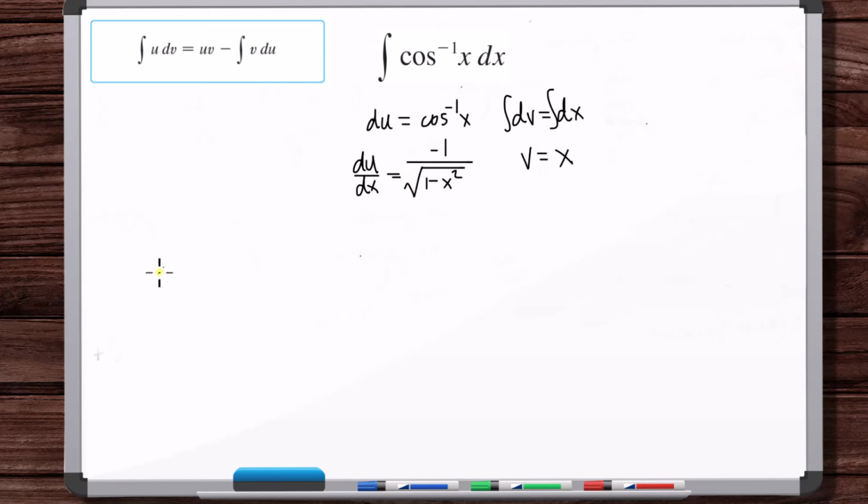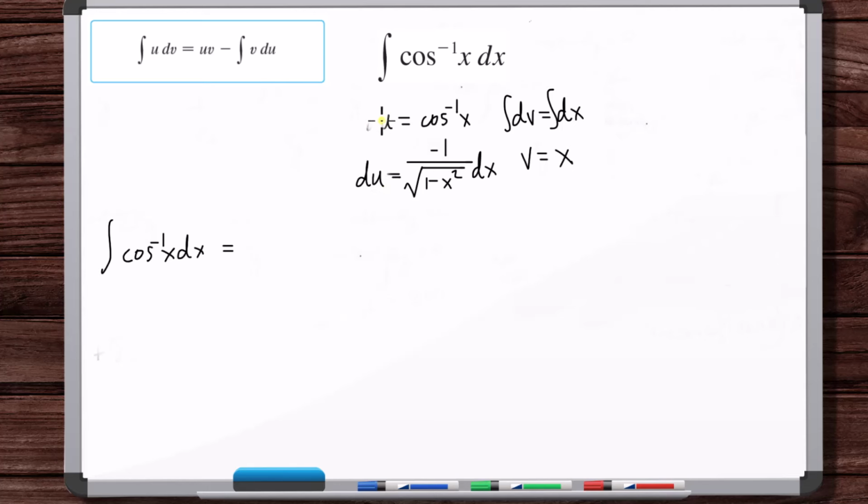Okay, so the integral of inverse cosine x dx is equal to u times, oh wait, so if we multiply both sides by dx, we've got this, and then this is, why do I call this du?